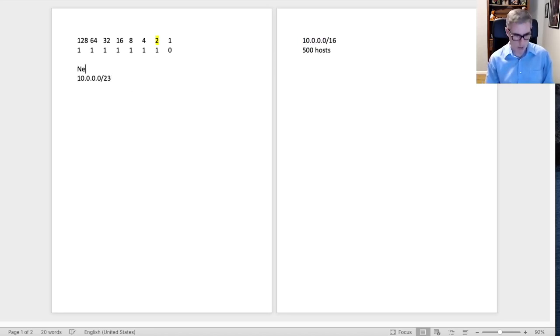So let's just label it. Now we're going to come back and start looking at the rest of the process at the first, last, and broadcast. This is where it gets a tiny bit more confusing, but thinking it through, it's not that bad. Now we're counting by 2s, but we're counting in the third octet. 10.0.2.0/23 and 10.0.4.0/23. 10.0.6.0/23.